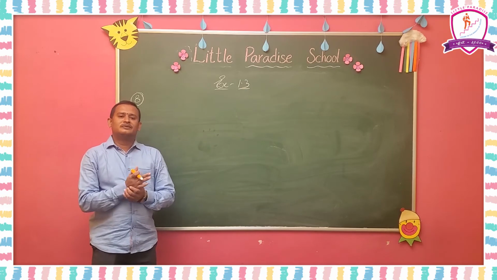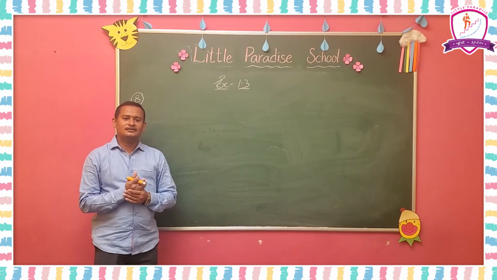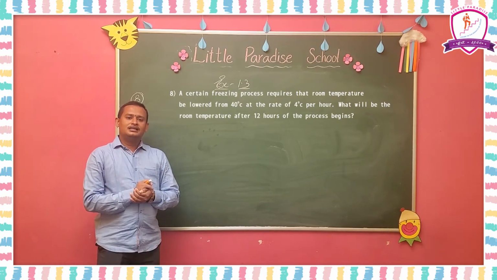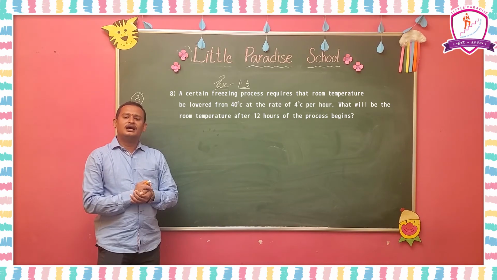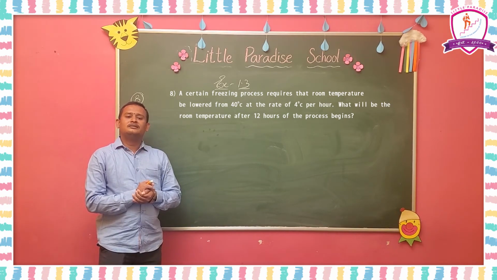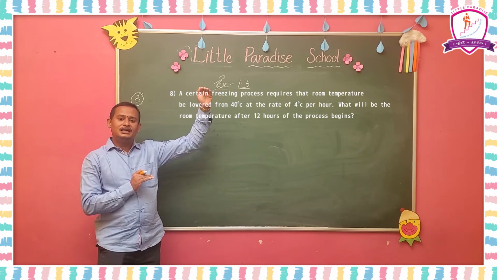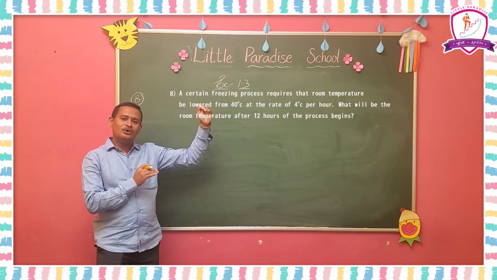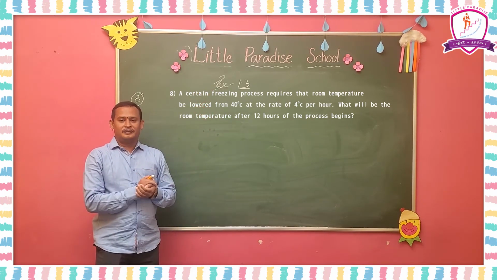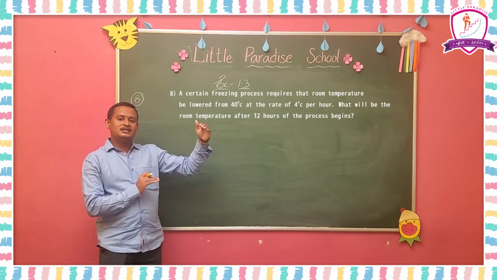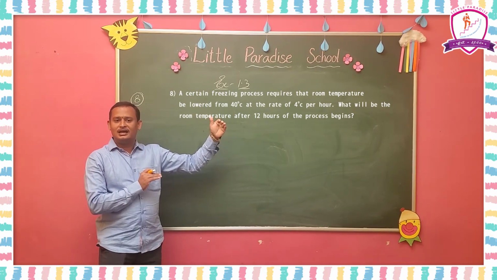So now I am going to explain the 8th question. You can see in your textbooks. See here, a certain freezing process requires that room temperature be lowered from 40 degrees centigrade at the rate of 4 degrees per hour. Here the room temperature is 40 degrees already.